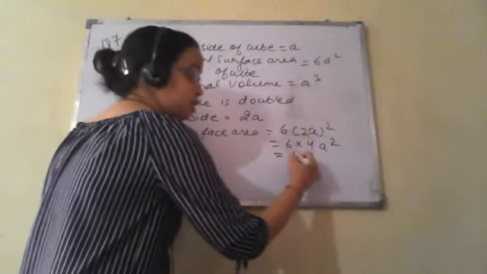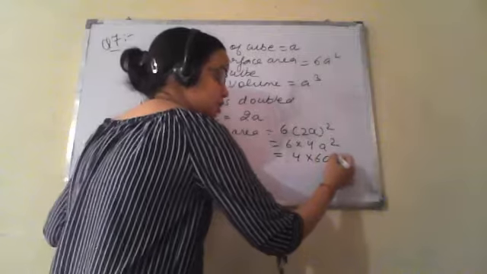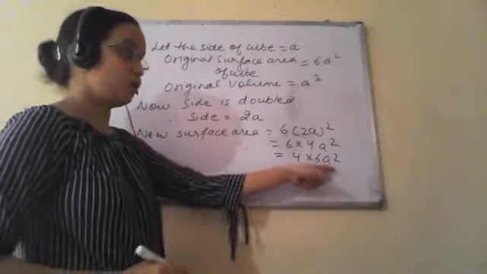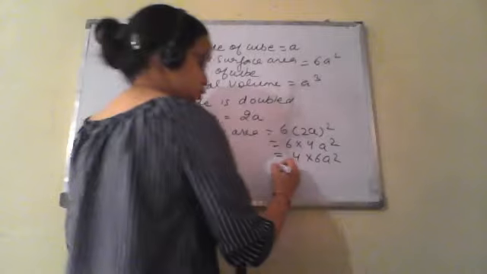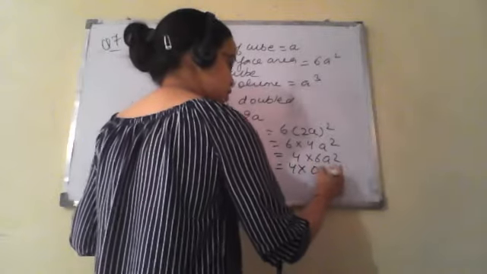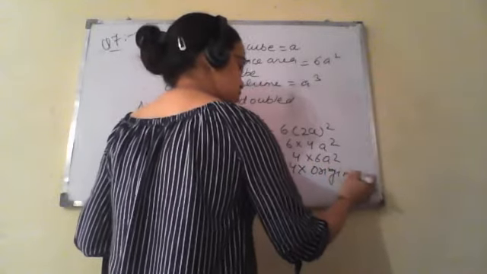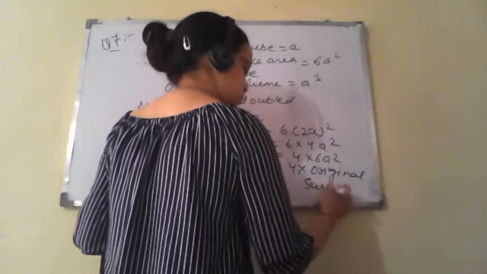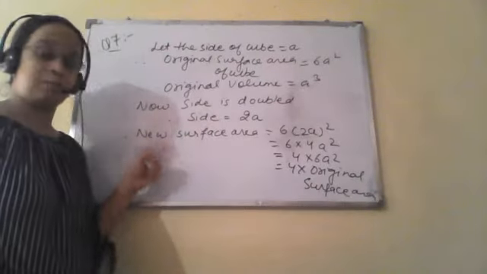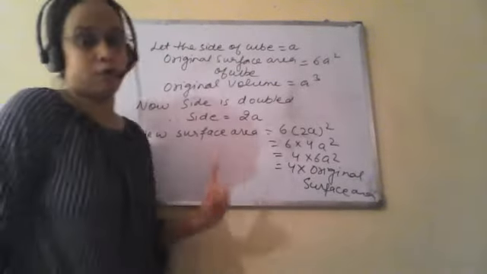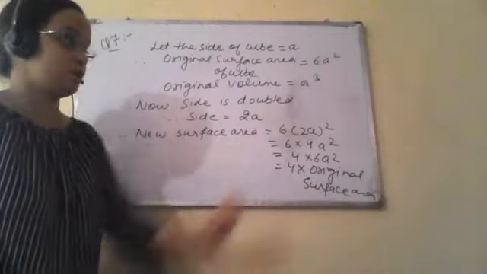So if we rearrange, it can be written as 4 into 6a square. Okay. Now this is the original surface area and it has become 4 times. So it is 4 into original surface area. It has become 4 times the original surface area. If the side is doubled, surface area will become 4 times. Clear? We have just put the values.